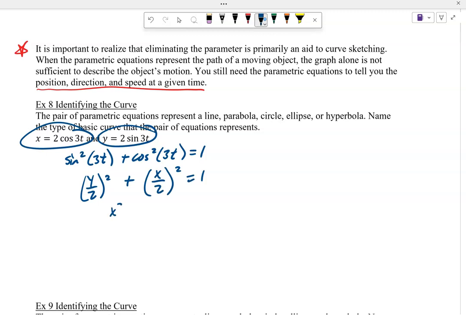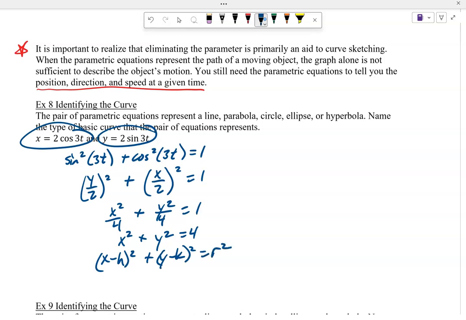So I got x squared over 4 plus y squared over 4 equals 1. I multiply everybody by 4. And it looks like we've got another circle again, centered at 0, 0 with R squared equals 4, so the radius is 2.